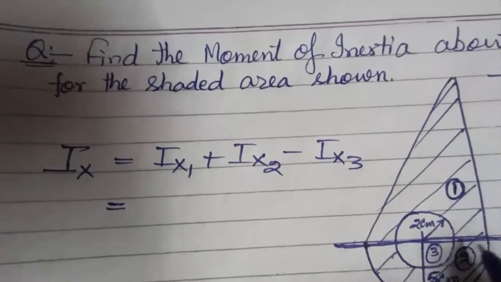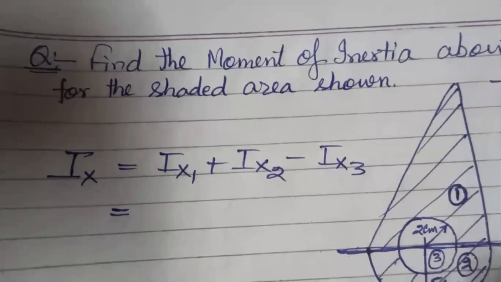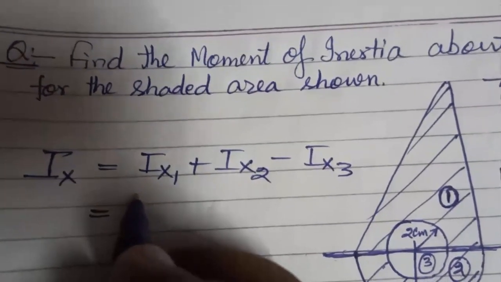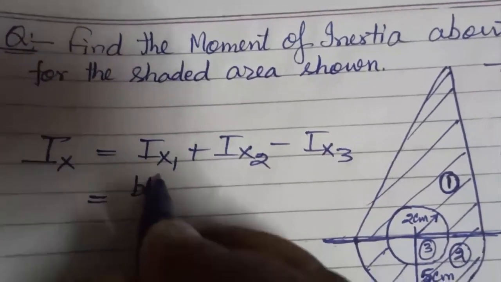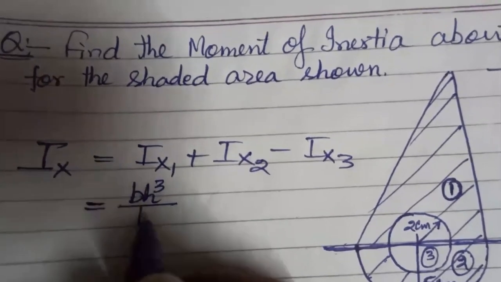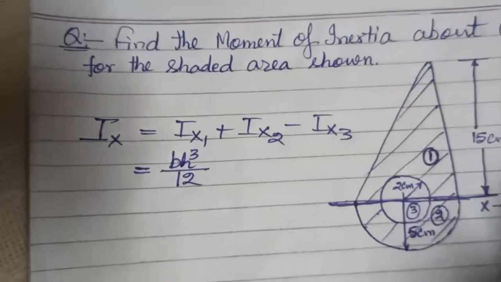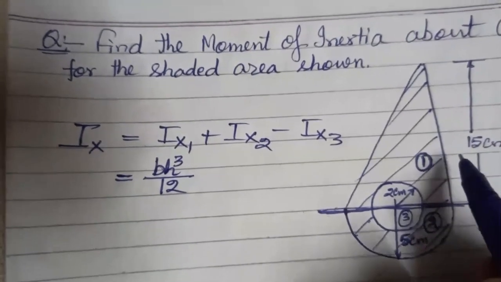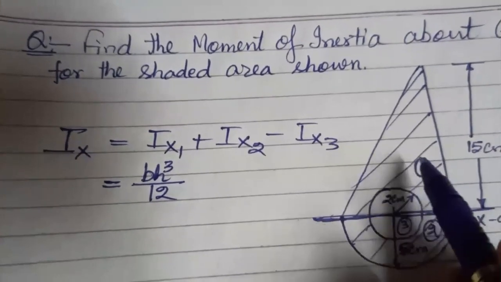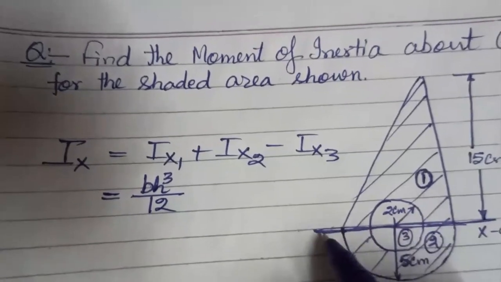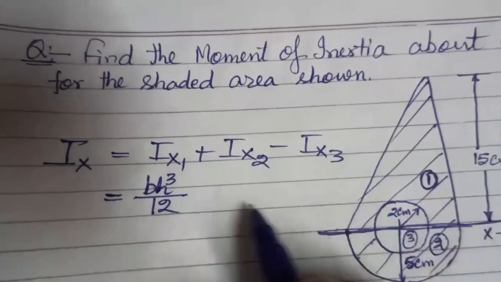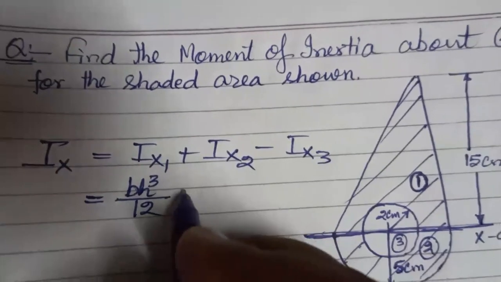When we derived the formulas from first principles by the integration method, we determined the moment of inertia of a triangle about its baseline, which was equal to bh³ upon 12. For the centroidal axis it was bh³ upon 36, and about the baseline it was bh³ upon 12.